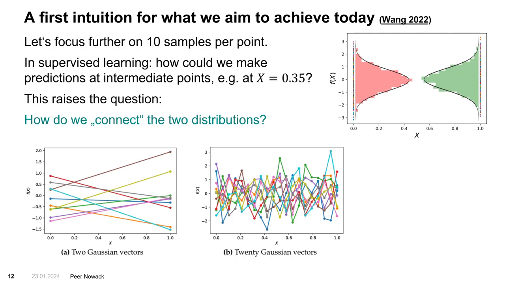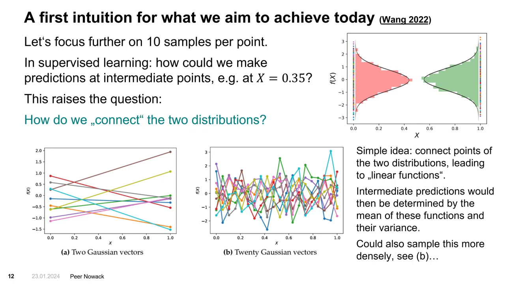A simple way would be to draw linear lines, connecting the points of the two distributions. Again, you could do this in a variety of ways, and then take the average value of those functions at x equals 0.35 as a possible value, and the standard deviation across those values as an uncertainty estimate. So fundamentally, it's down to how do we connect these two distributions.